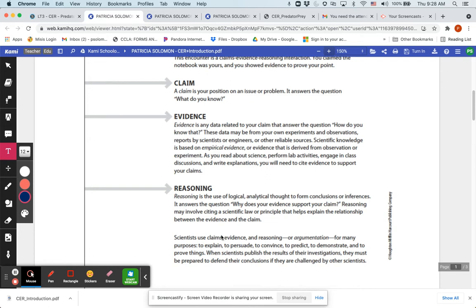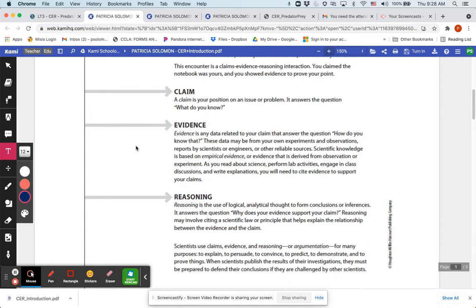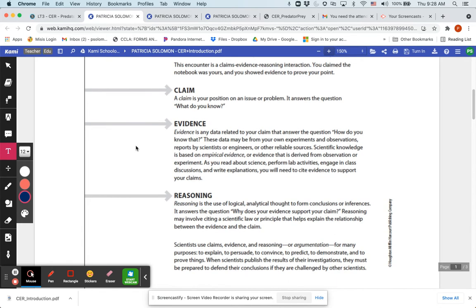You can also use it as an argumentative paragraph as well. But today we're going to do an explanatory paragraph. You are going to explain what happened in our Oh Deer game, and you're going to actually say what we did, and then you're going to explain why it's important for ecosystems.